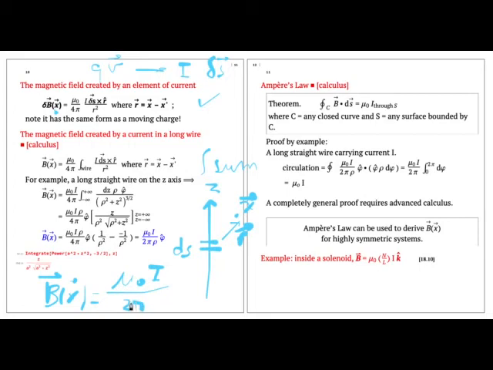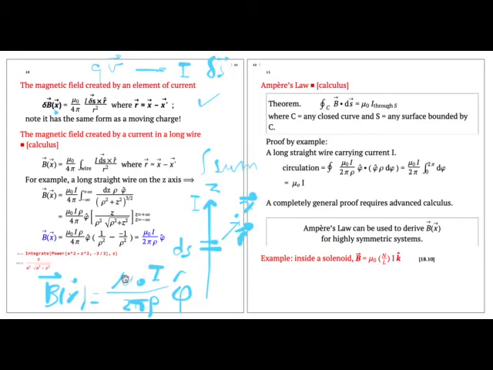That's the magnitude, and the direction is phi hat. It's the angle around the z-axis, around the current. So the magnetic field circulates around the current.